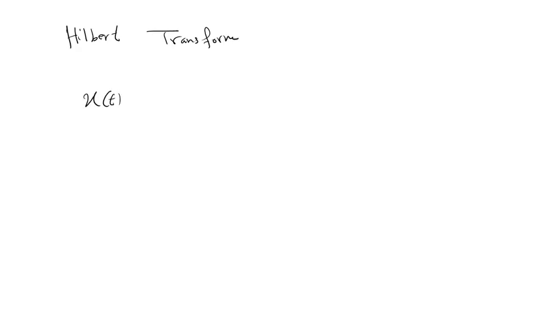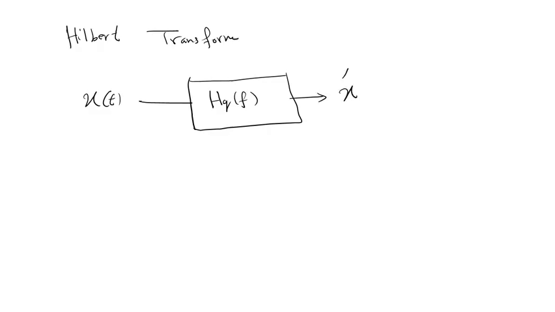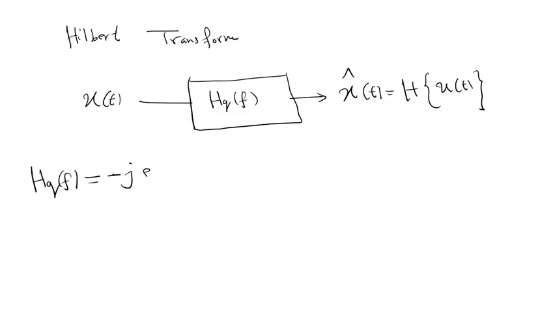The Hilbert transform is an LTI system with a specific frequency response H(f). The output, we call it x hat, is the Hilbert transform of x(t). H(f) equals minus j sign(f). It means the magnitude spectrum is 1.